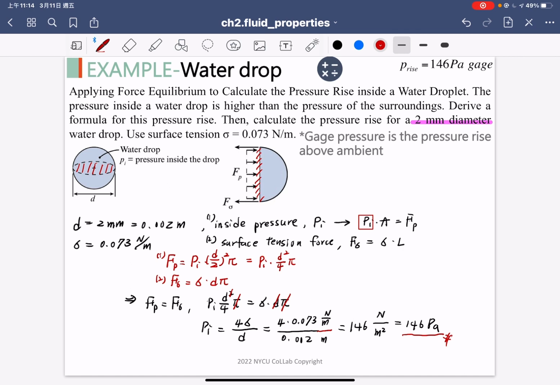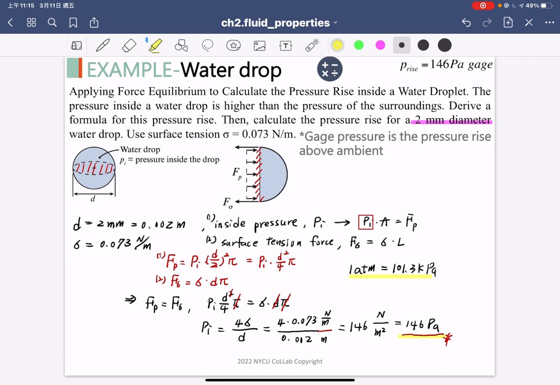As you remember, the environment pressure, we always call that 1 atm, right? The 1 atm is equal to 101.3 kilopascal. So if you compare the two numbers showing here, they are incomparable, right?